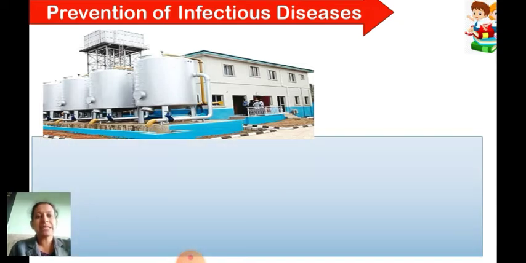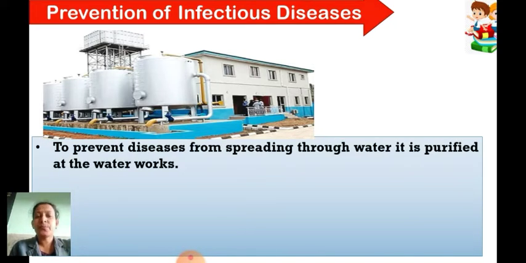Therefore, to prevent certain diseases which spread through water, the water should be purified at the waterworks so that all the germs will be killed. At the waterworks, chlorination is one of the processes wherein microorganisms are killed. Fine.